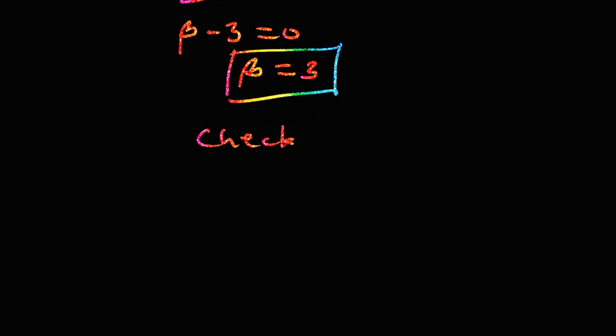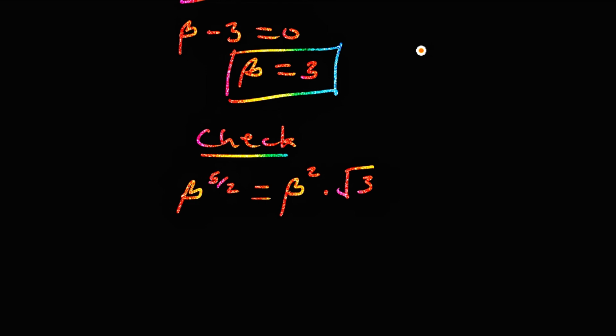Remember what we had was, let us do what we call checking. So we had that beta raised to the power 5 over 2 equals beta squared times the root of 3. So if we take that beta equals 3, then we'll have 3 raised to the power 5 over 2 equals 3 raised to the power 2 times root of 3, which can be written as 3 raised to the power half.